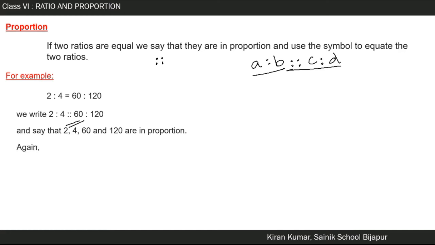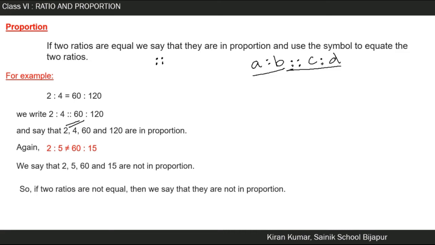Again, 2:5 is not equal to 60:15. They are not equal. We say that 2, 5, 60 and 15 are not in proportion. So, if two ratios are not equal, we say that they are not in proportion.